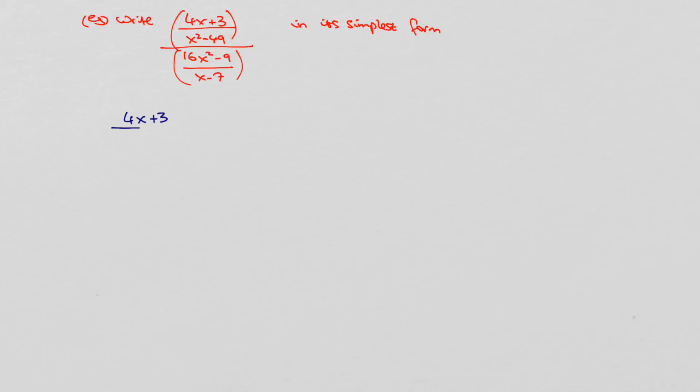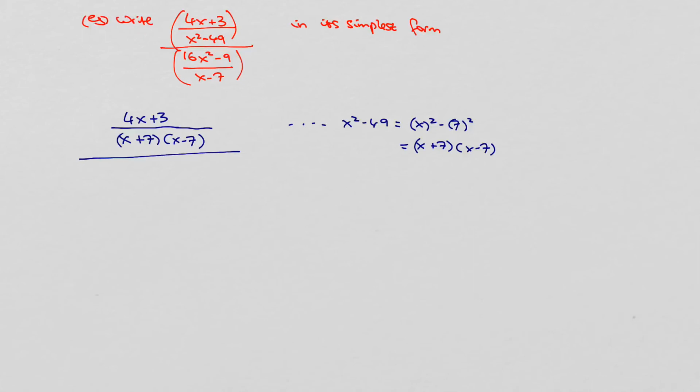And we should spot that on the bottom of the top fraction we have x² − 49, which is of course the difference of two squares. So we have (x + 7)(x − 7), since x² − 49 is x squared minus 7 squared. And on the denominator there we have 16x² − 9, which is also a difference of two squares, because that's (4x) squared minus 3 squared.